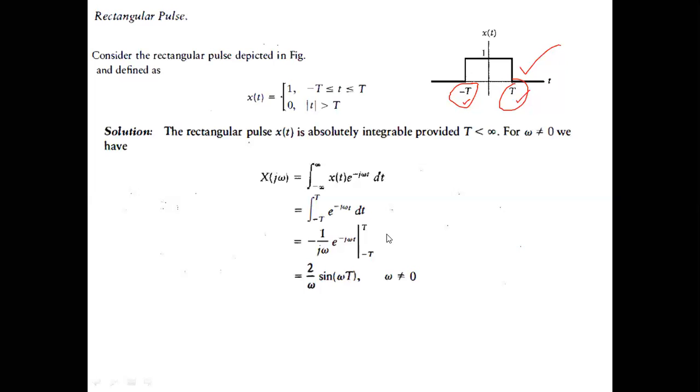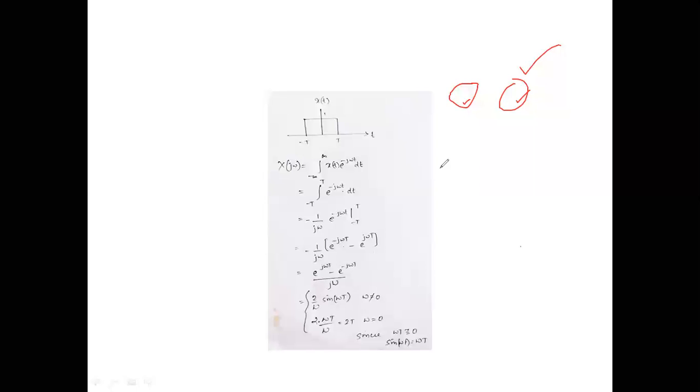So x of t is a normal rectangular pulse. Now we do the integration from minus T to plus T only. We substitute, and what do we get here? Here I have the numerical. We have e to the power j omega t from minus T to plus T. We already know it's a rectangular pulse, and we want the answer to be a sinc pulse, so a sine term has to be there.